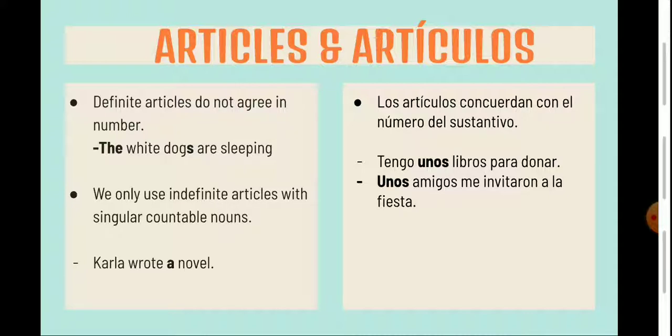However, in Spanish, los artículos concuerdan con el número del sustantivo, not only with the gender, but also with the number. Tengo unos libros. So here we are using the plural. Unos amigos. We are making the agreement in gender and number.